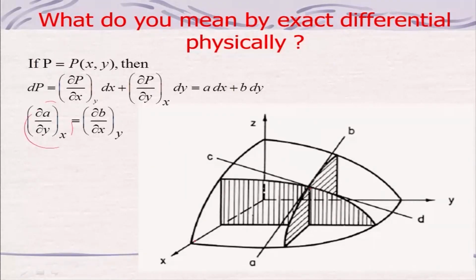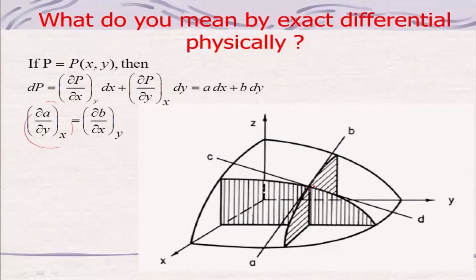And when I say y is constant, that means this plane, and ∂b/∂y and ∂b/∂x, basically it is changing with respect to the x direction and this is constant. So both are at the same point. Therefore, it is an exact property.